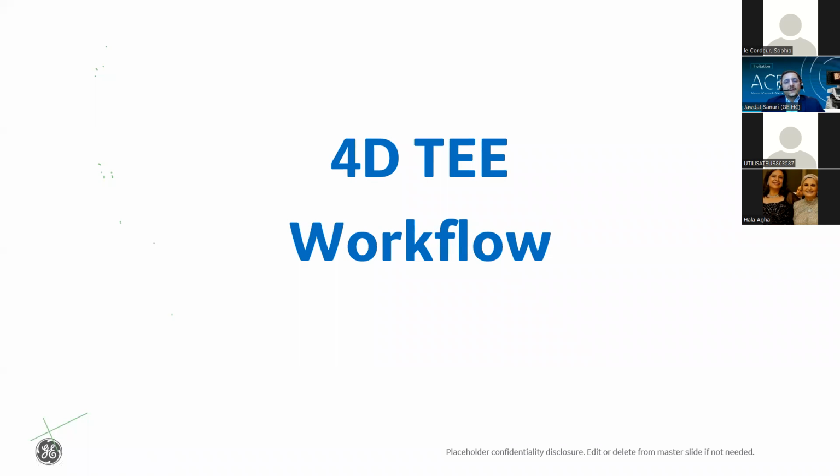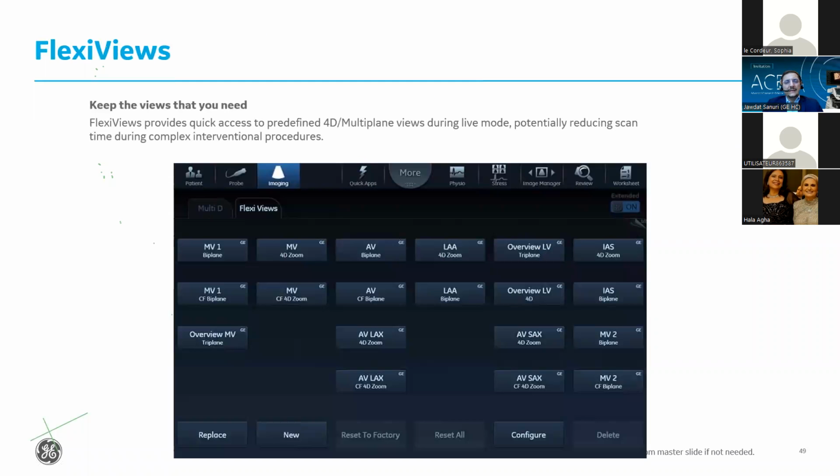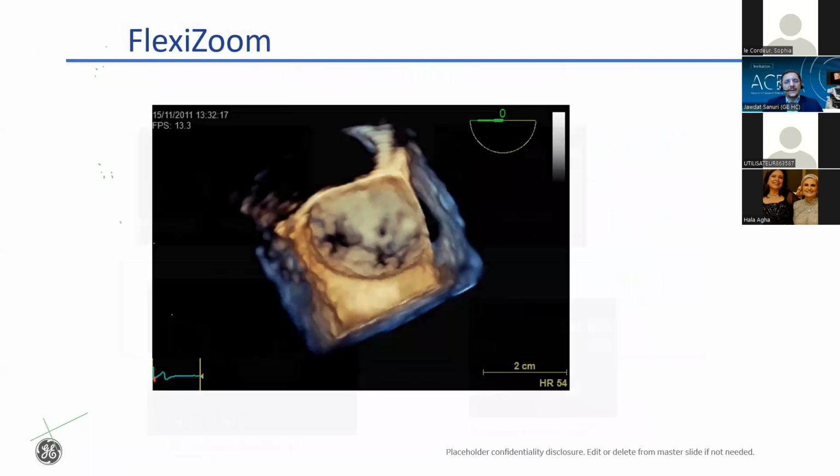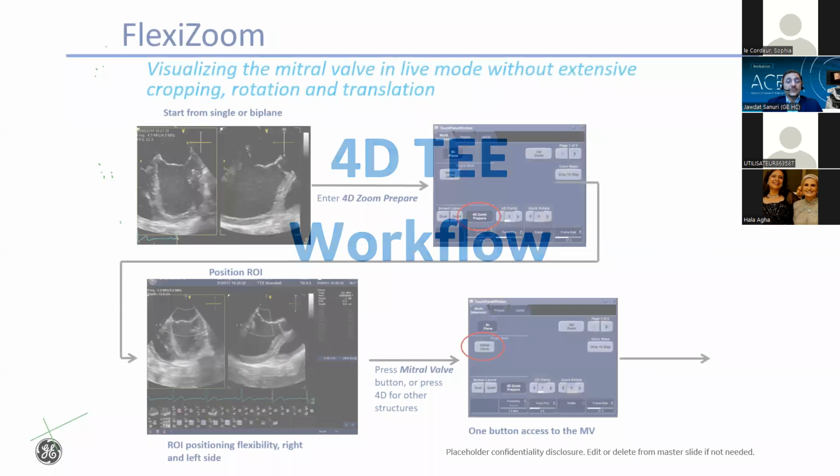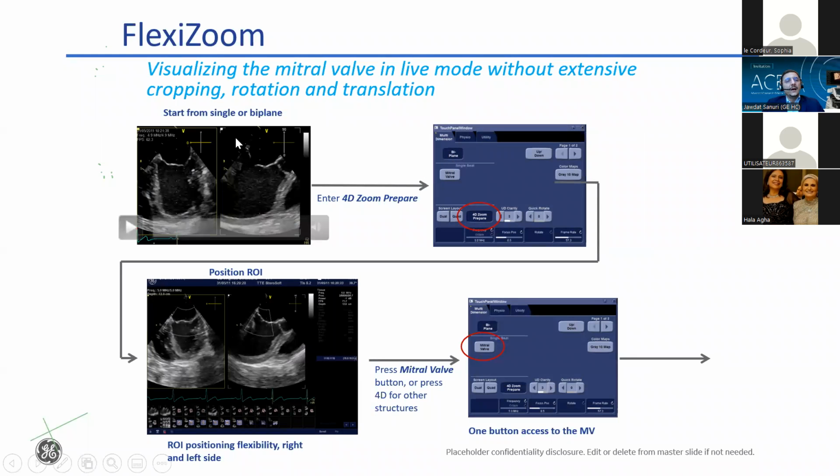In terms of 4D workflow, I think we can skip that because we spoke about the 4D Zoom prepare yesterday. Well, actually, I think it's a refresher for those of you who did not join last week. 4D Zoom prepare is a way to prepare the area of interest before you start acquiring 4D, so that when you activate 4D, you have the perfect cut plane in terms of cropping.